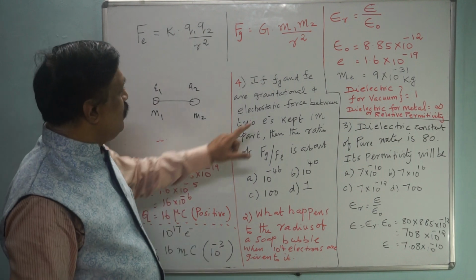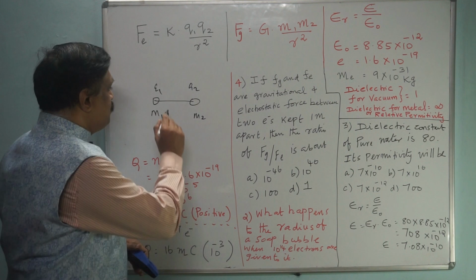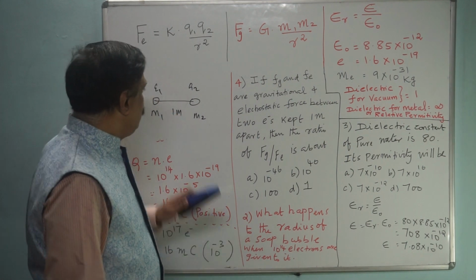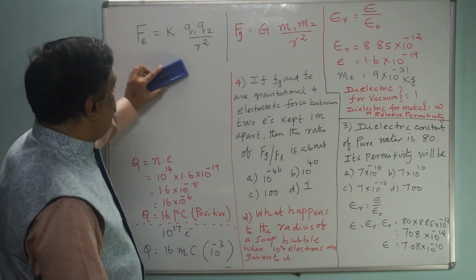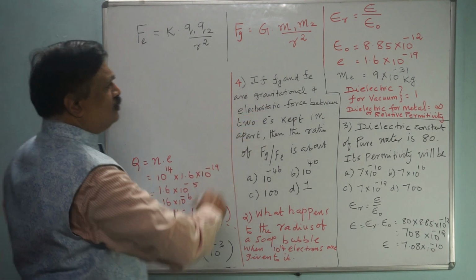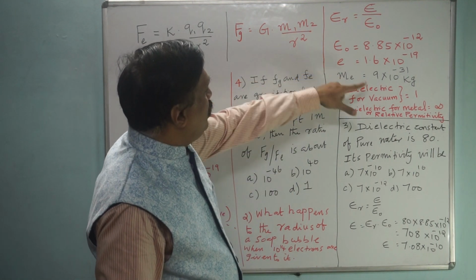Now they are asking Fg and Fe, what is the ratio? And the distance between them is 1 meter. Then how to do it? It is very simple. Already you know these values, epsilon 0, e, me, everything.